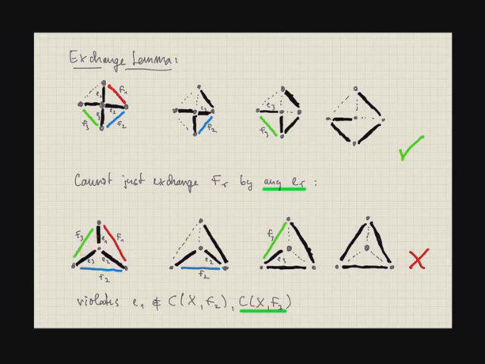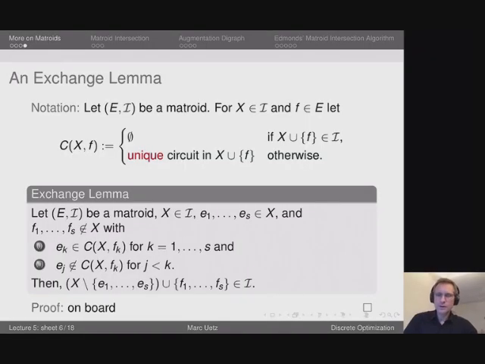So in order to eliminate this cycle at the end, we would have to remove another edge. Having seen this intuition on the graphical matroid, I think we are set up to look into the formal proof of this exchange lemma, and this is what I do next.